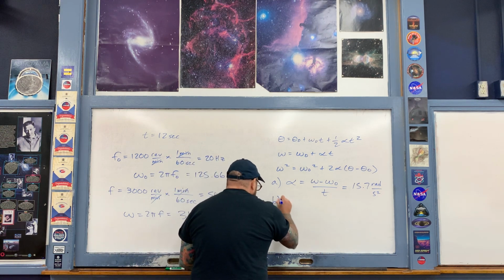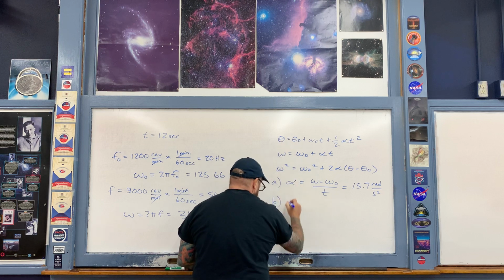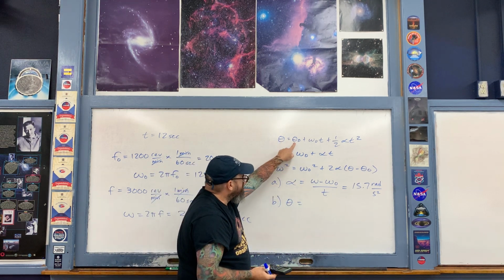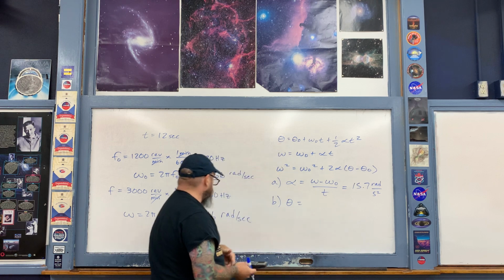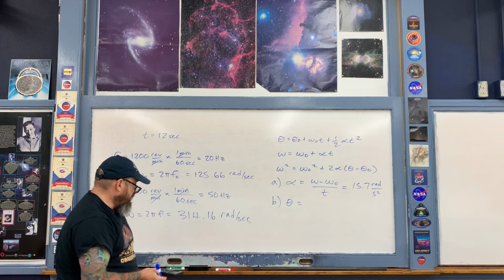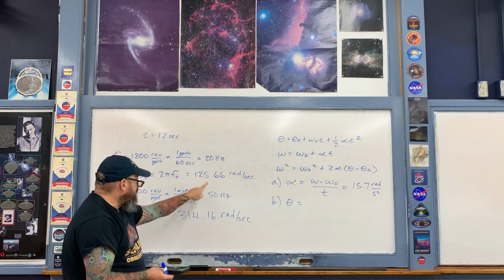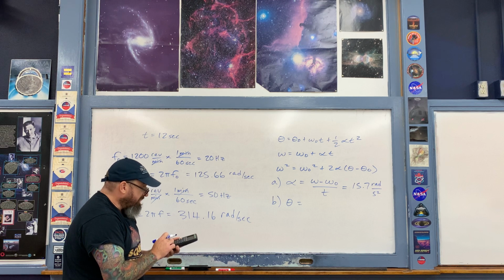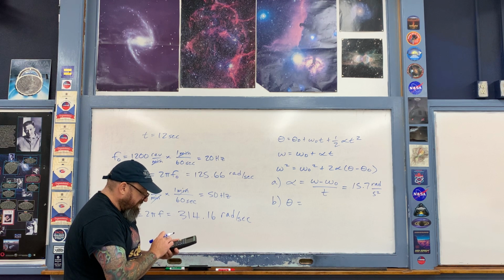Okay, so for part B of the problem, all I'm going to do is just plug everything in for theta. So we have, first of all, the initial angular position, which we just assume is 0, as we did with translational motion back in chapter 2. And now I'm going to take omega naught, so 125.66 multiplied by 12 seconds, plus 1/2 times the acceleration of 15.7 times the time squared.